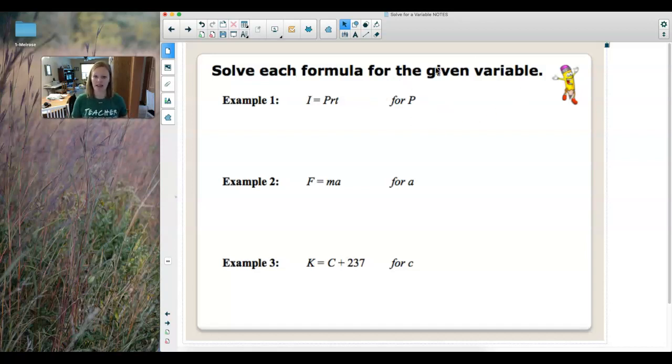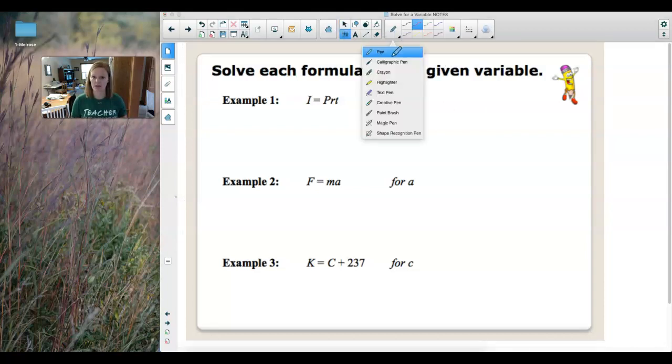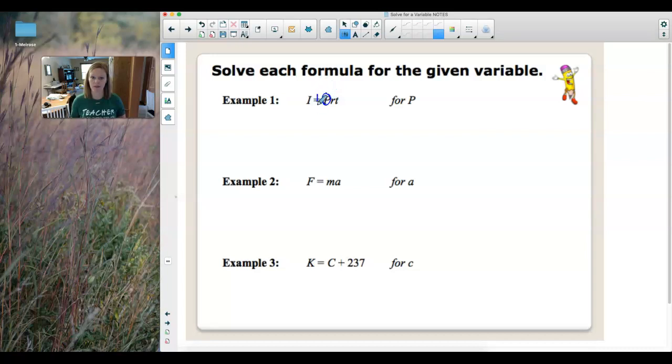What I like to do is circle the P, because that's what I want to get by itself. I'm going to draw my line. Now to isolate the P, I have to get rid of the R and the T. Because they're all being multiplied, I can just divide both sides by RT.